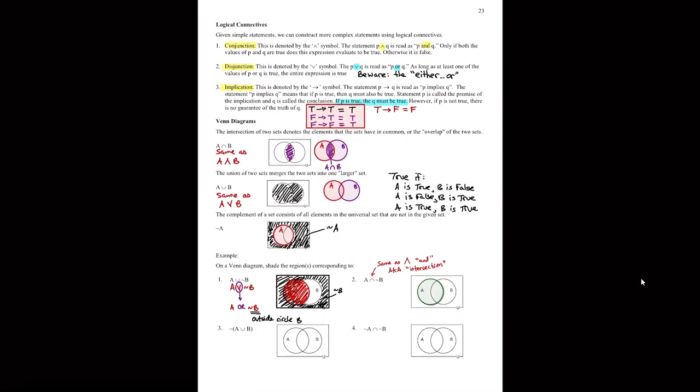Anything inside that circle is part of set A. Not B would be anything outside of circle B. So what I would be looking to do is invert the shading that I would do if I were shading B. Instead of shading inside of circle B, I would shade outside of circle B.